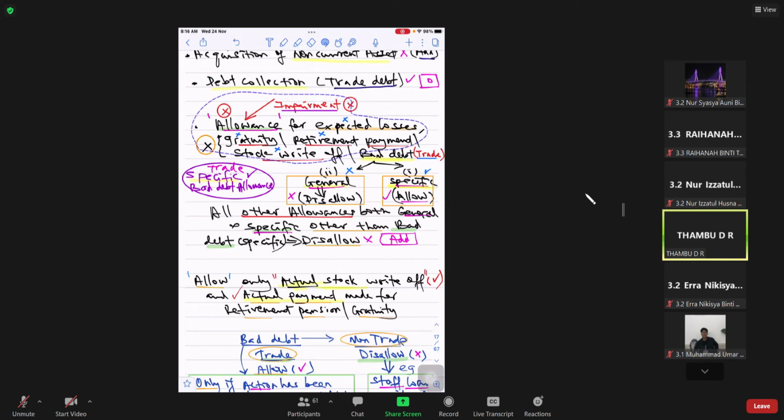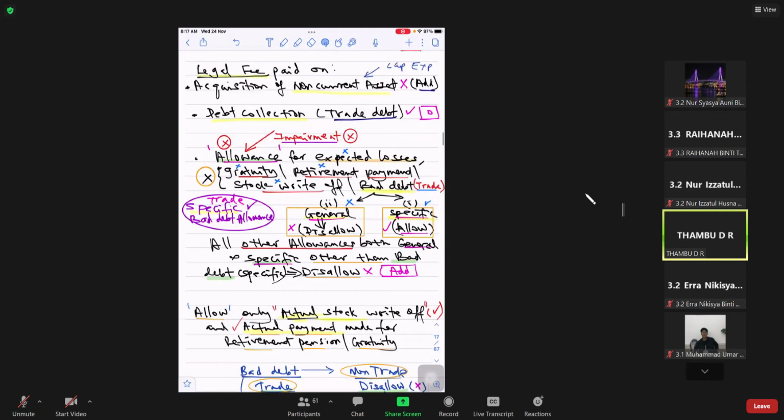Sometimes you must read the word impairment very carefully. They don't say anything, impairment means allowance. Sometimes if you read carefully, the word impairment could be actual write-off. So you must read the wording very carefully. So what about if impairment is bad debt? Okay, just bad debt, trade, allow. But if they say general bad debt allowance or impairment for bad debt, the bad debt is different from here.